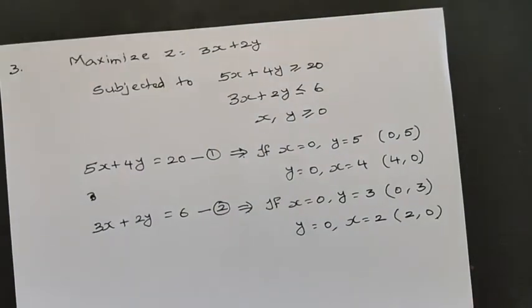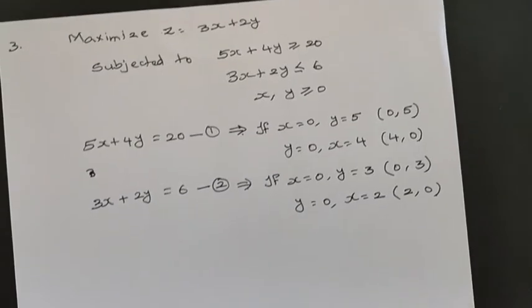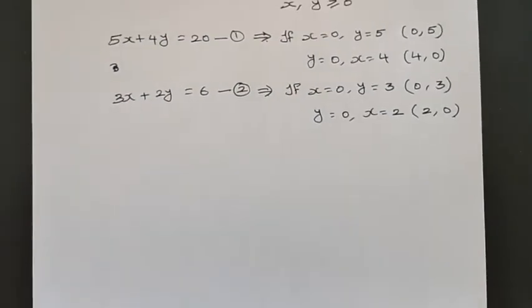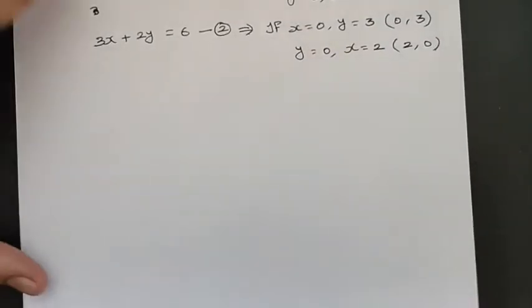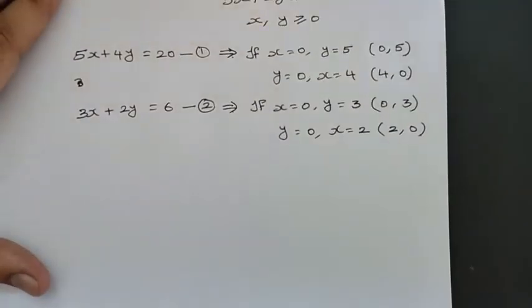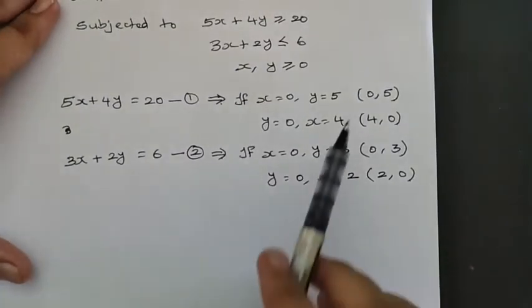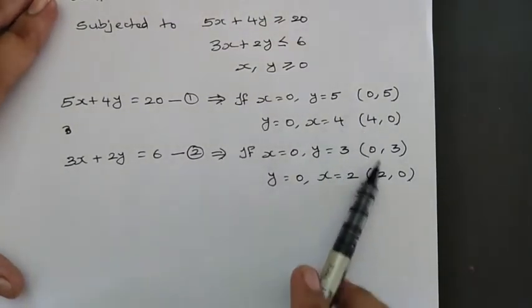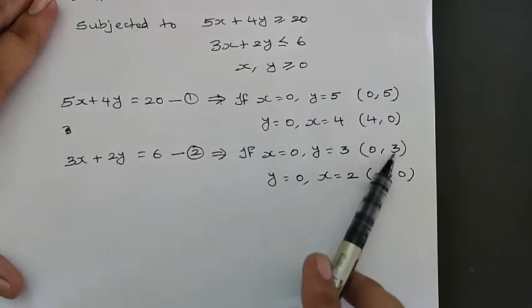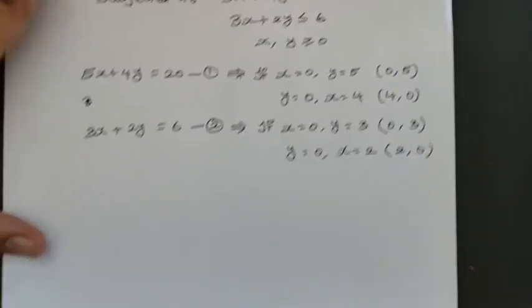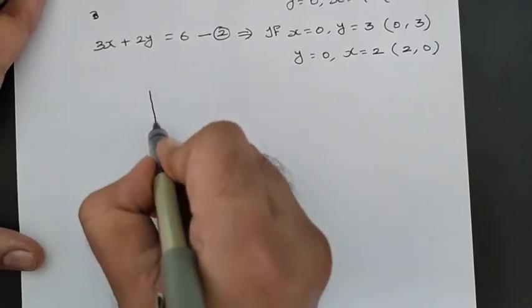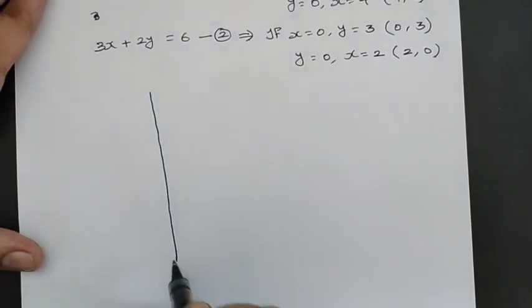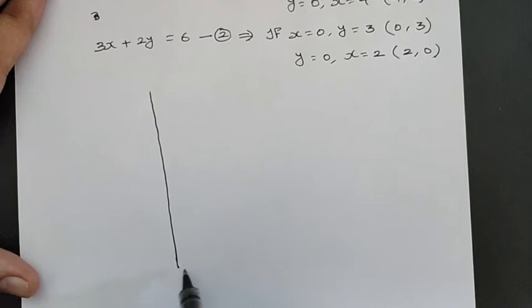So now we need to draw the graph. So how to draw the graph? The maximum value of x coordinate is 4, the maximum value of y coordinate is 5. So now let us draw a small graph. It is sufficient.